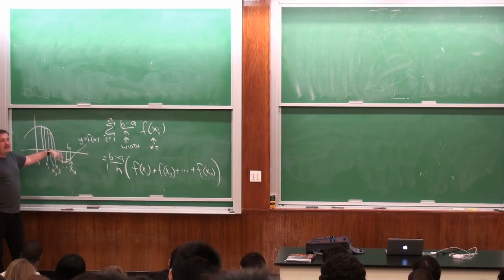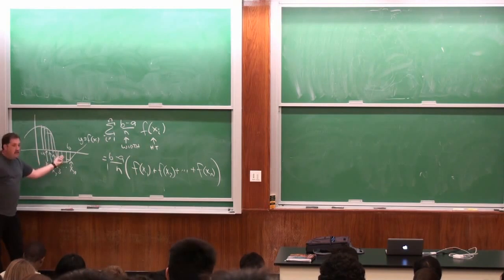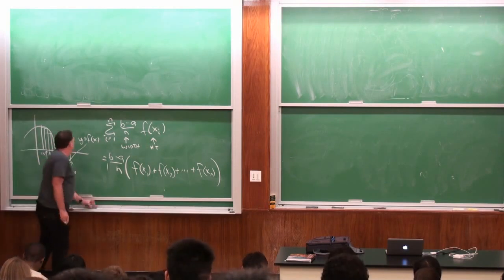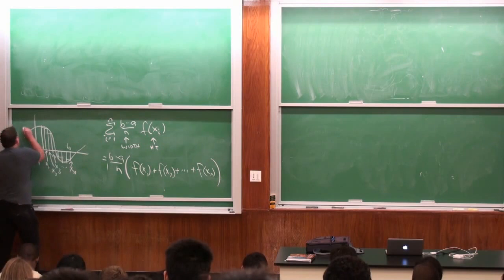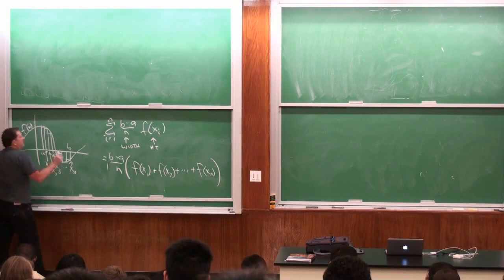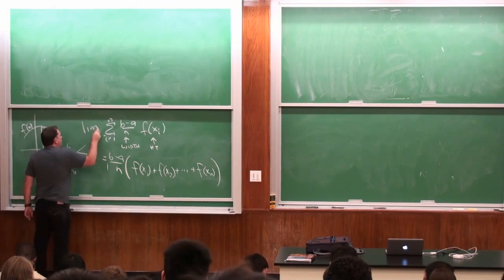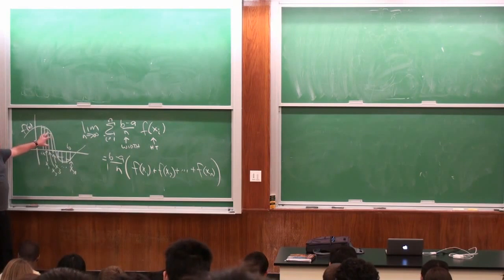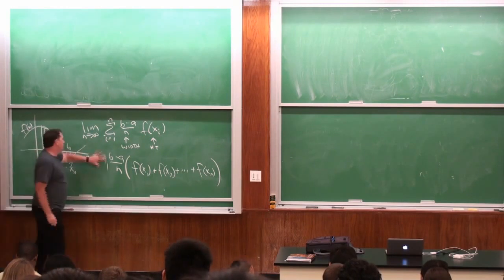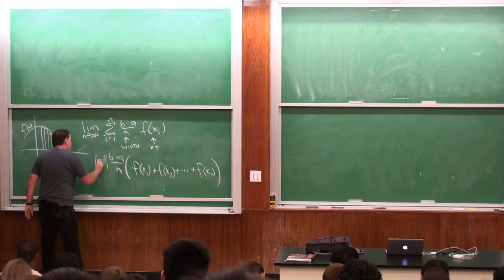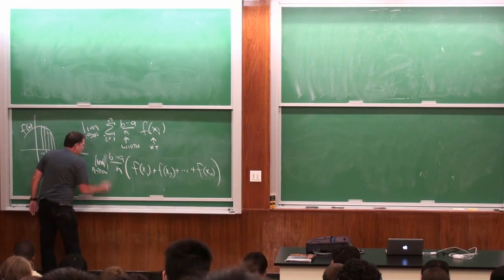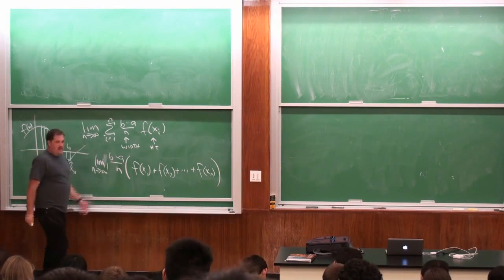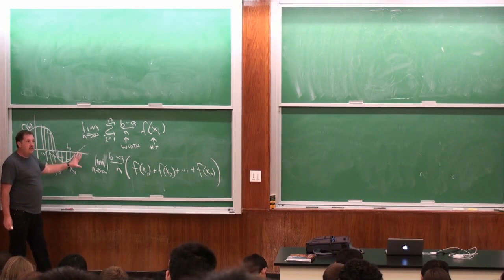Now I take many rectangles, but their widths go to 0. So I take the limit of all of the rectangles that I have. I get lots of really skinny rectangles. And the limit here is the area. I'm not proving this because supposedly you did this in your last class.